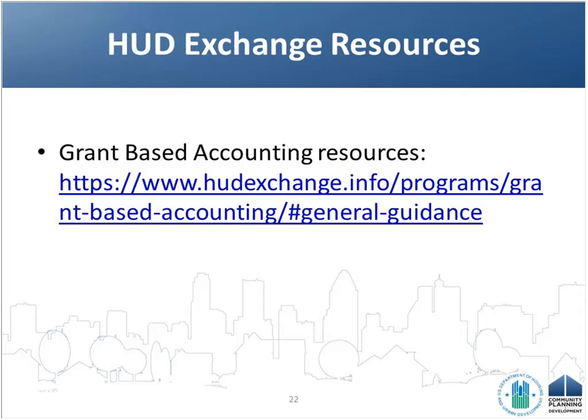Okay, I got another question, can we revise draws between 2015 grant funds and the 2016 grant? Unfortunately, the answer is no. For the 2016 and later grants, the draws can only be revised if the draws have the same year, the same resources.